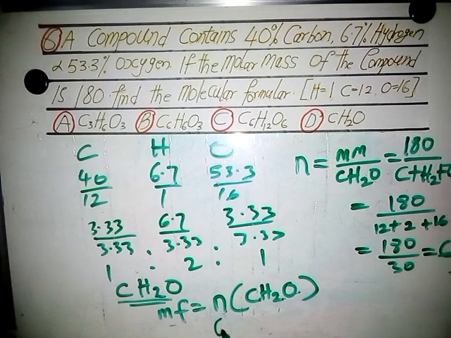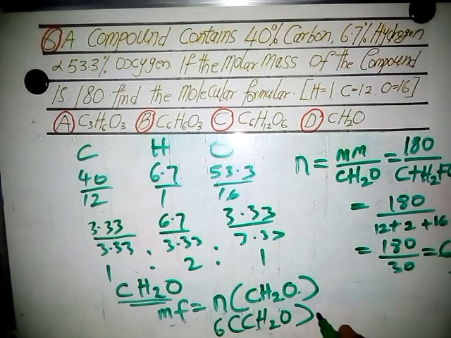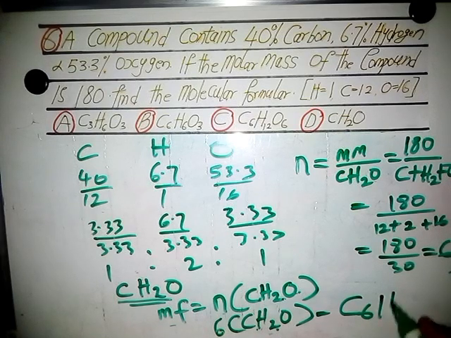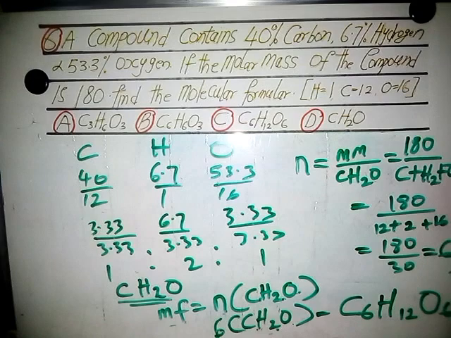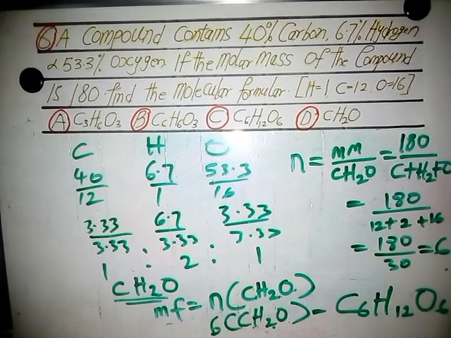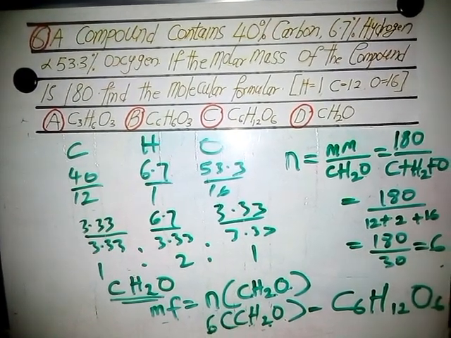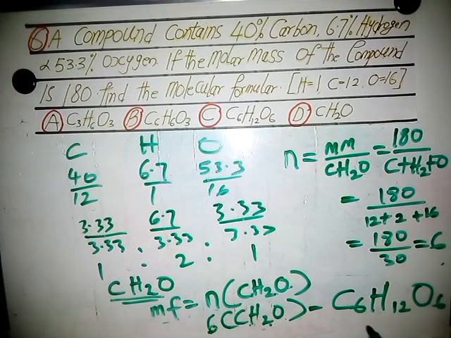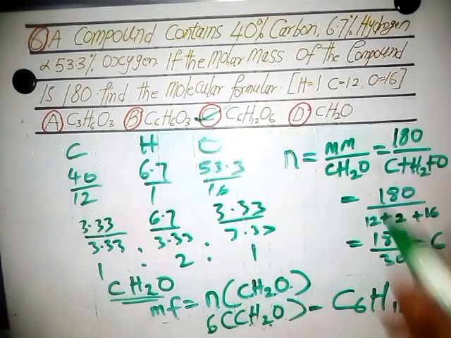So this is like saying 6 bracket CH2O. 6 times C is C6, 6 times 2 is H12, and 6 times O is O6. So your answer is C6H12O6.